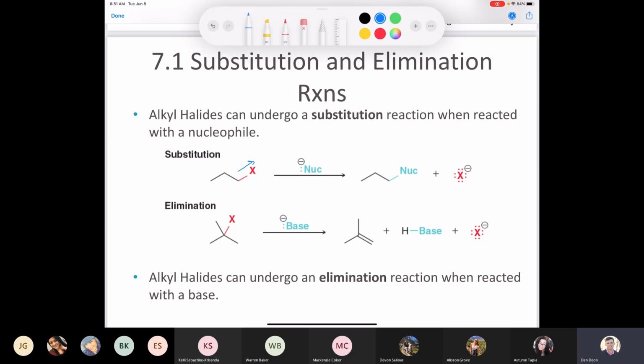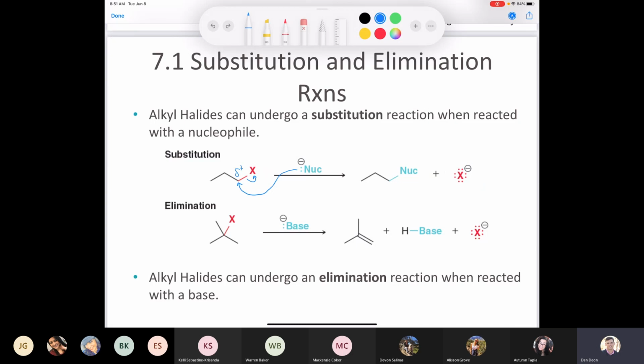If we have a halogen, let's imagine this is maybe a bromide or a chloride, that's going to be a leaving group. Well, the nucleophile, if this carbon is delta plus, can come in and attack that carbon, and then we'll lose the halogen as a halide, our leaving group, because it's going to be the conjugate base of a strong acid. And there we have a substitution reaction.